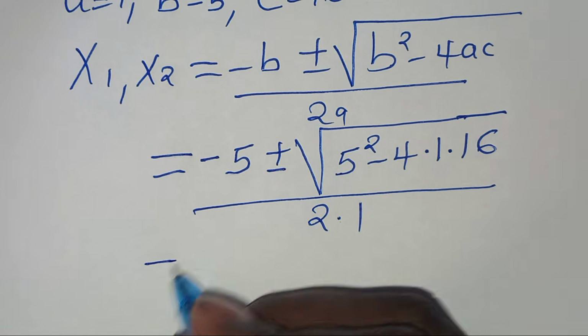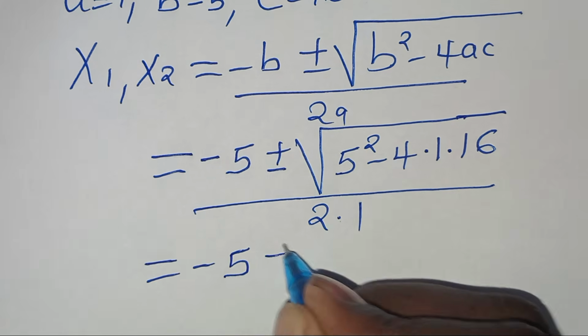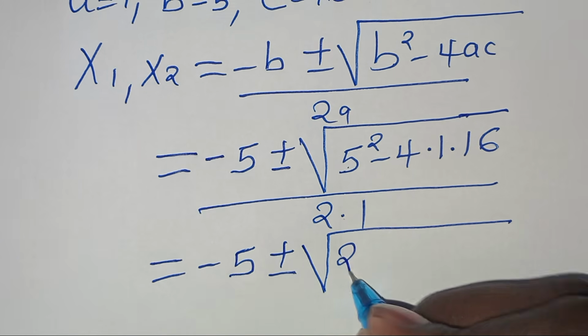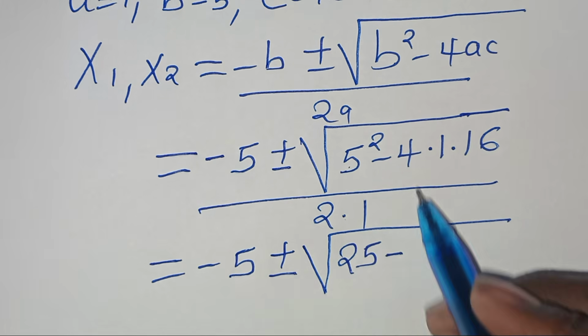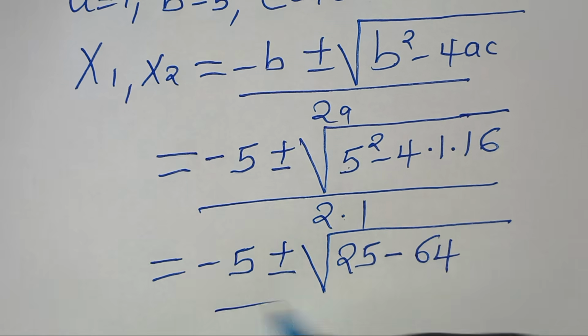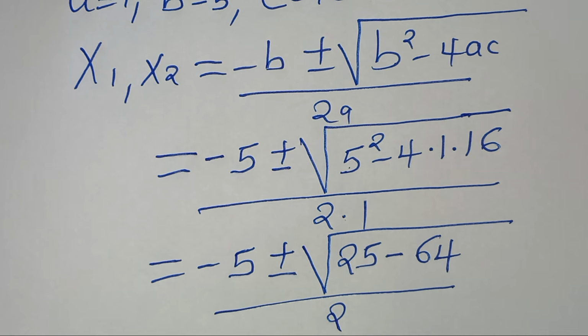So this implies that we have negative 5 plus or minus the square root of 5 squared, this is 25, minus 4 times 16, this is minus 64, divided by 2.